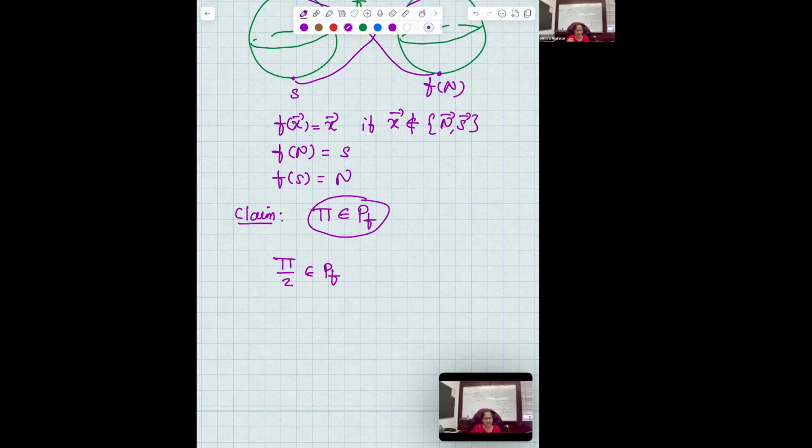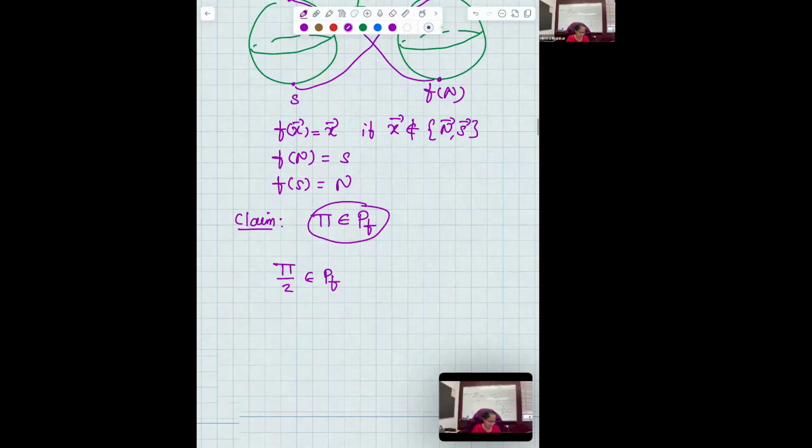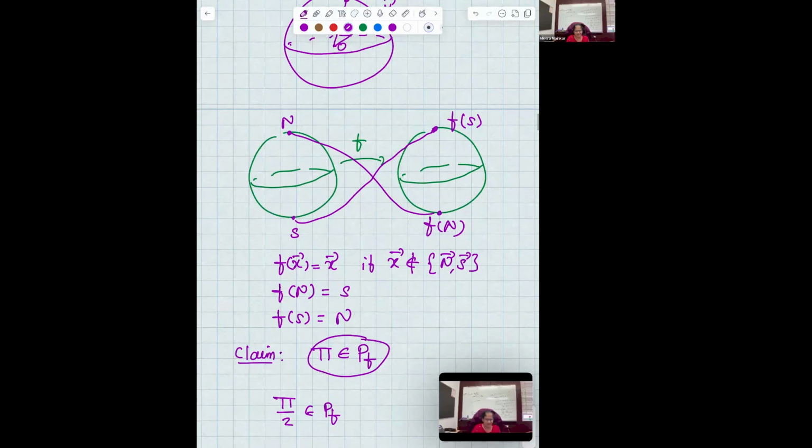And then the other points, if one of the points is not North Pole or South Pole, then the other points are just mapped to the same points. So the images are not changing. Okay. So these are the 2 distances that are preserved. However, this is highly non-isometry because f is not even continuous, right? Isometry has to be continuous. If you see the definition, distance between the image points is equal to distance between the points.